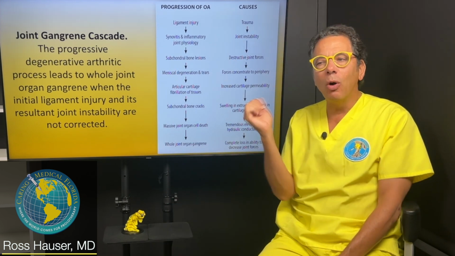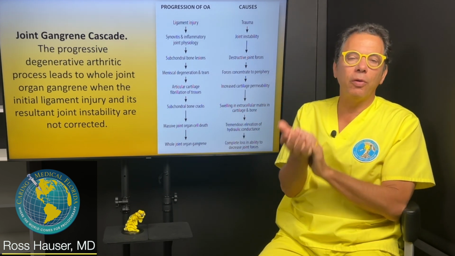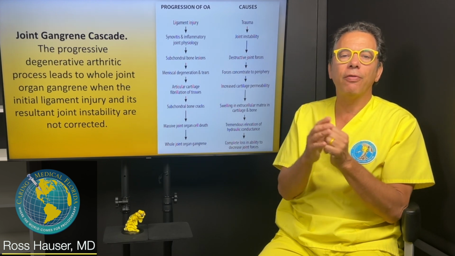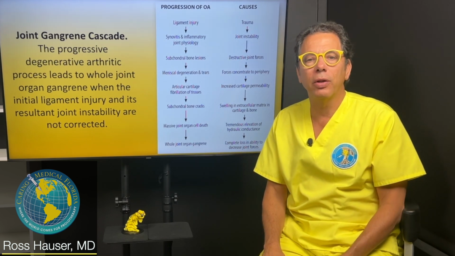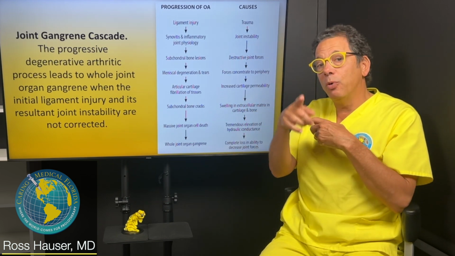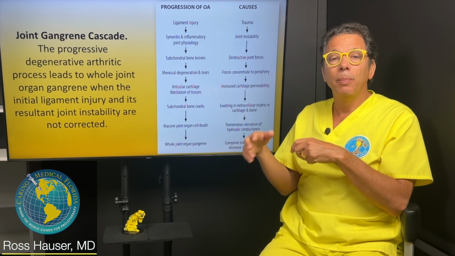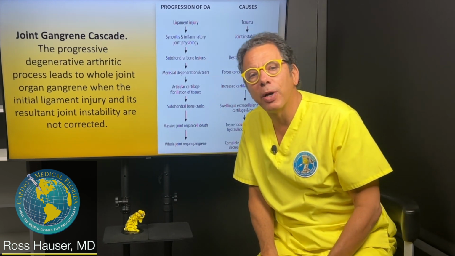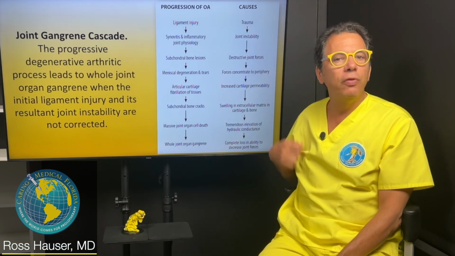And that motion is necessary for the synovial cells to make the fluid which cushions the joint, and when you weight bear, the fluid is pushed into the cartilage. So that's one of the ways that your cartilage gets nourished. So if you stop moving, you can degenerate a whole joint just by not moving. Not because there's too much pressure, but because there's not enough pressure and the tissues aren't getting nourished. So you need to move the joint.